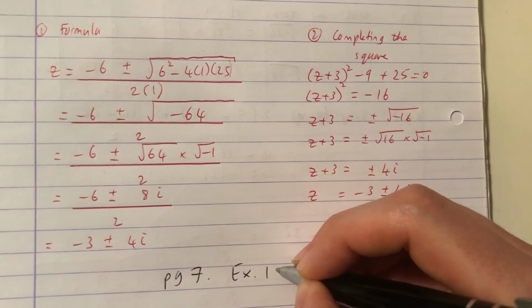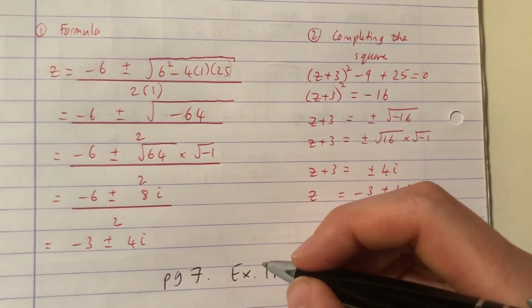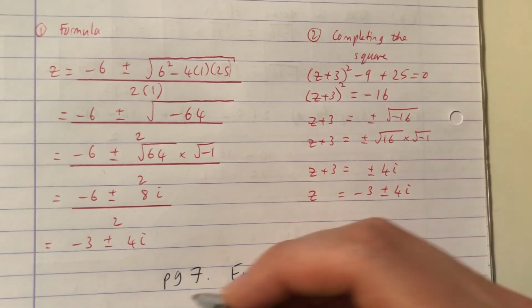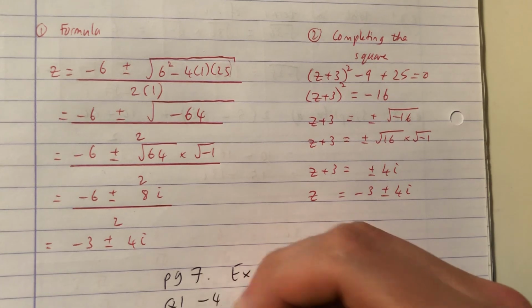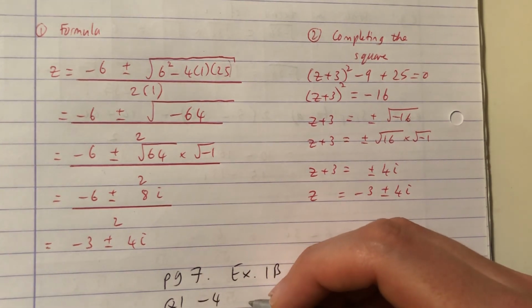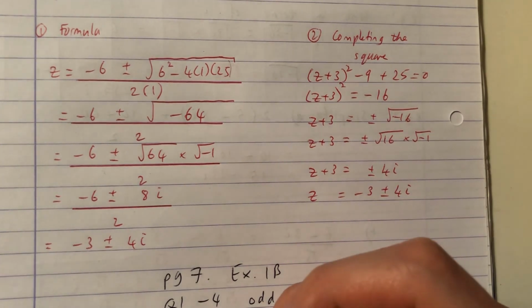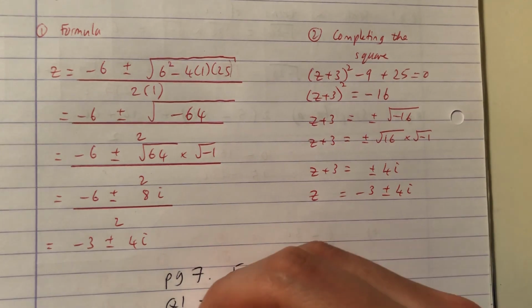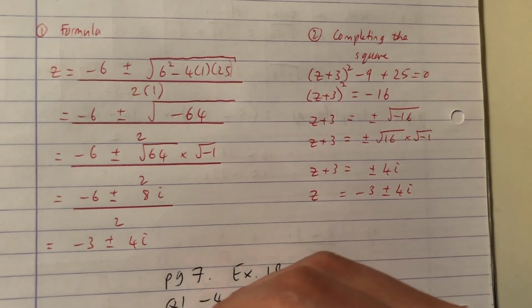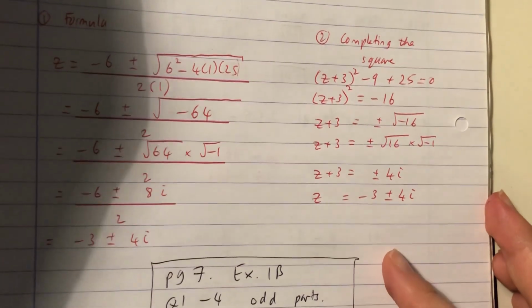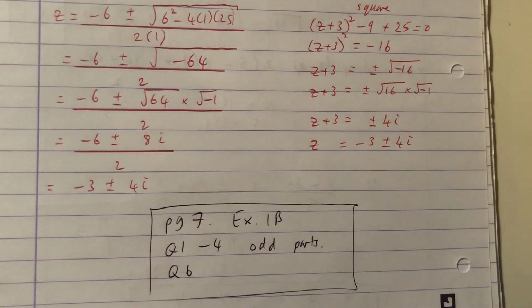Exercise 1B, and do questions 1 to 4, but just do the odd parts, and then do question 6. 1 to 4 odd parts plus question 6, and that's it.